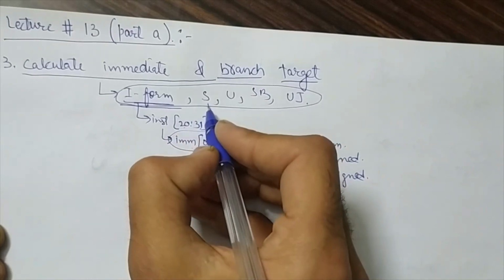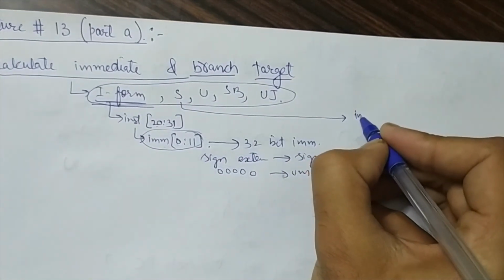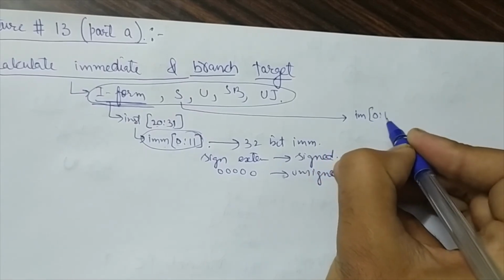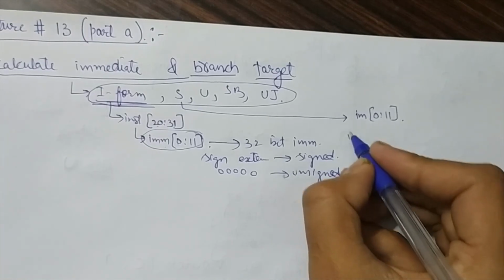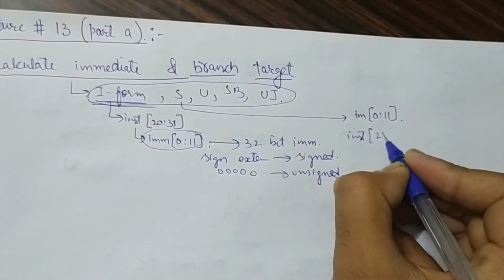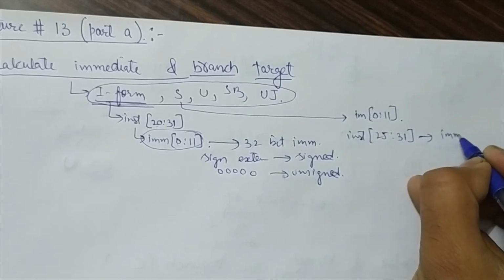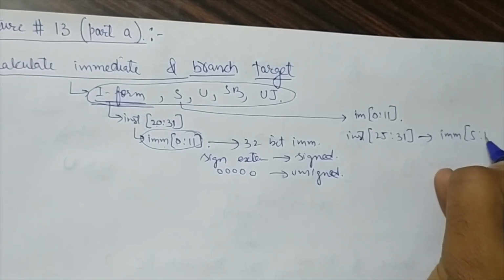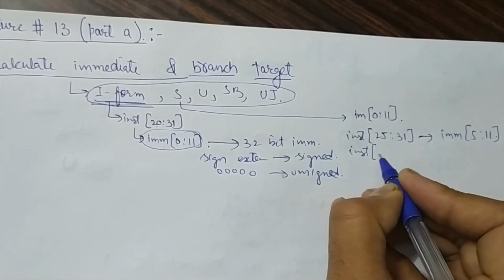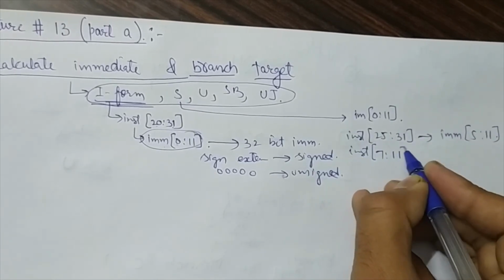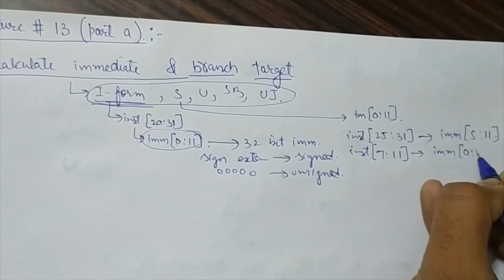For S format instruction, the immediate is 12 bits, 0 to 11, and these are stored at two locations. Instruction bits 25 to 31 store immediate bits 5 to 11, and instruction bits 7 to 11 store immediate bits 0 to 4.